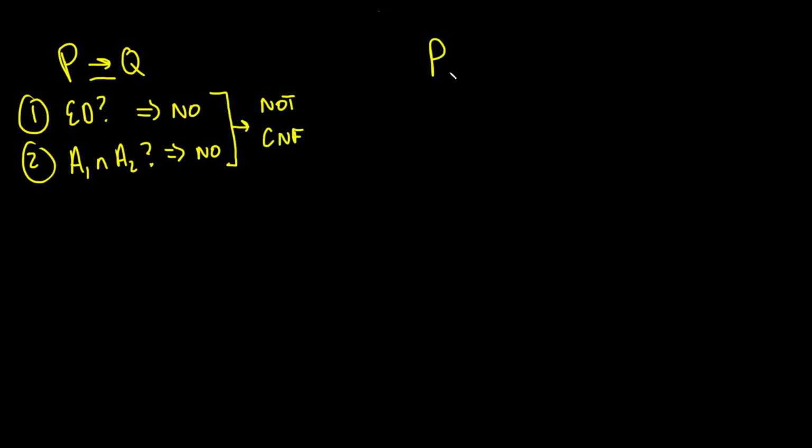Now let's take a look at this formula, P and Q or R. Again, one way of approaching whether or not this formula is in conjunctive normal form is to first ask ourselves, is it an elementary disjunction? That is, if we just treat it like a single formula, is it a literal or a disjunction of literals? Now, the right disjunct here is a literal.